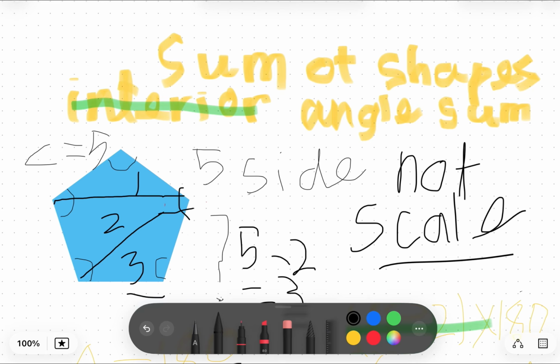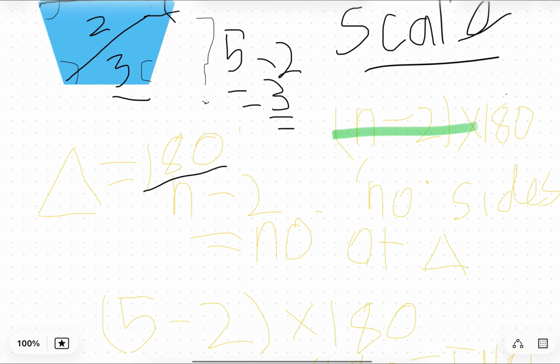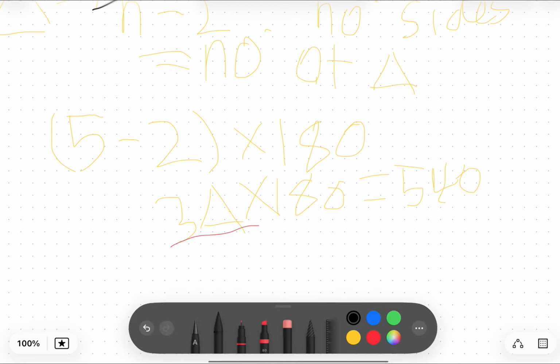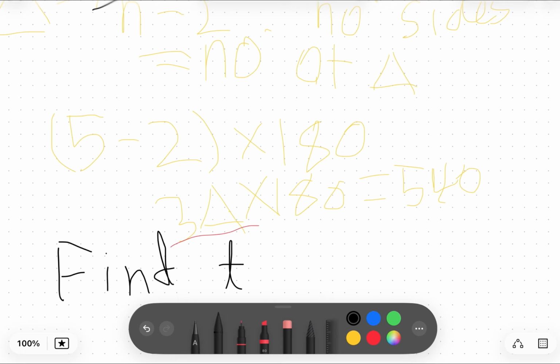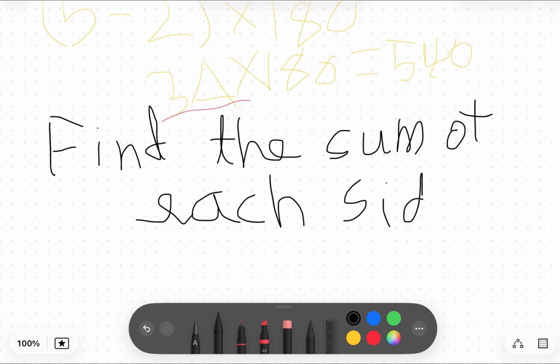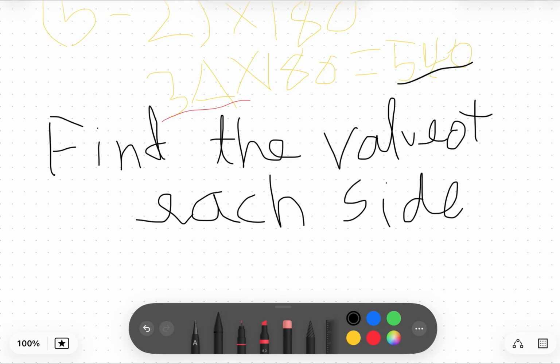On the other hand, I suggest that if the question is to find the value of each angle, I could just divide this by 5.